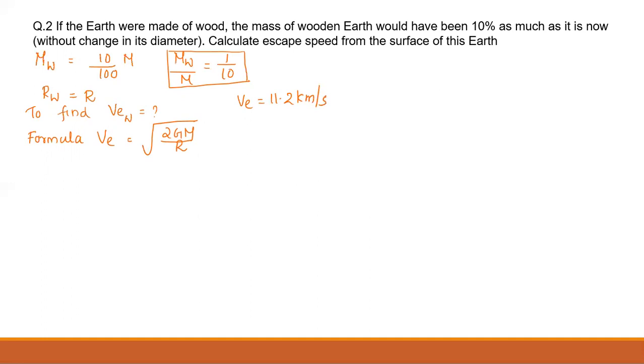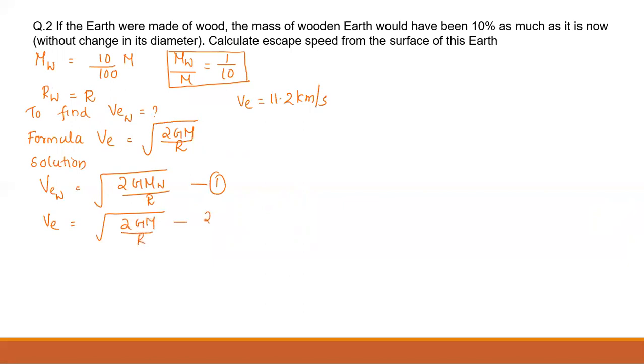So we can write escape velocity of wooden Earth, Vew, is equal to under root 2GMw upon R. Rw and R same only. Let it be equation number 1. And escape velocity of the Earth formula we know, under root 2GM upon R. Let it be equation number 2.